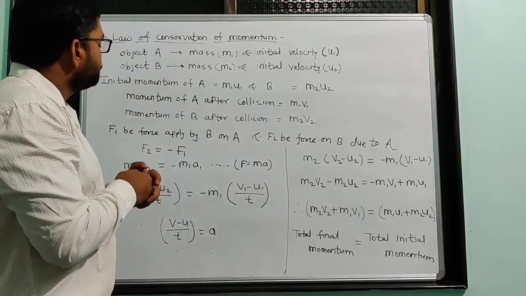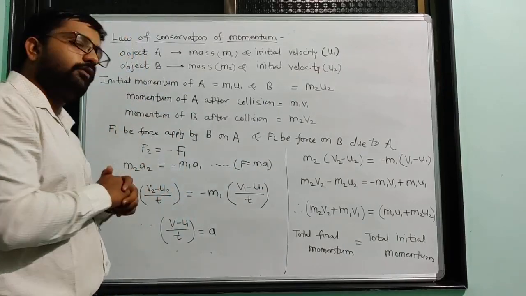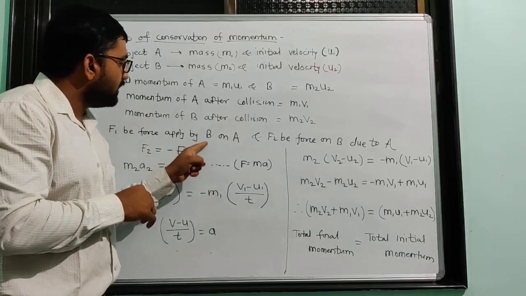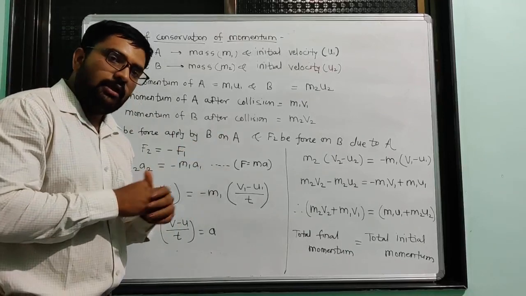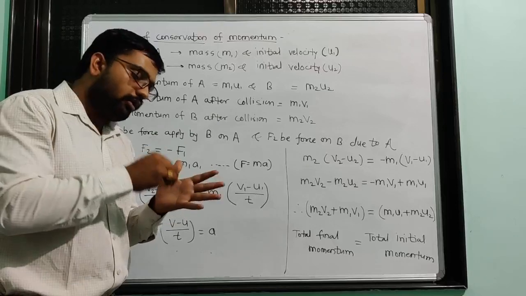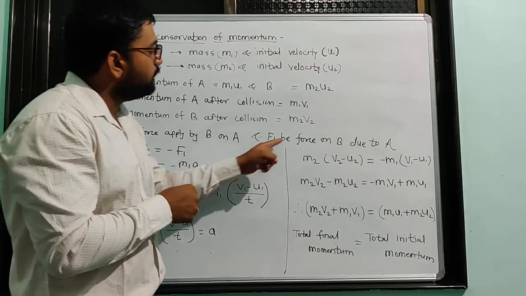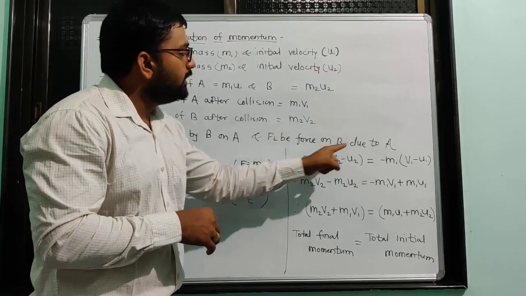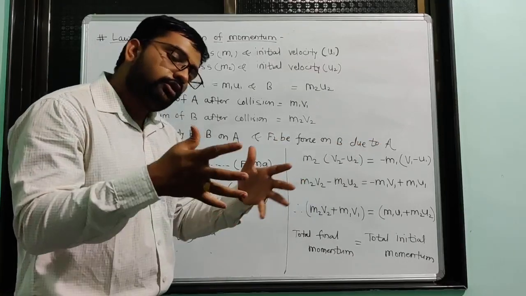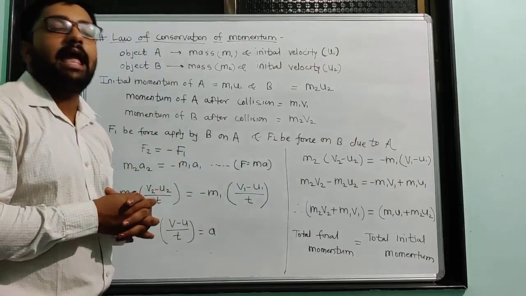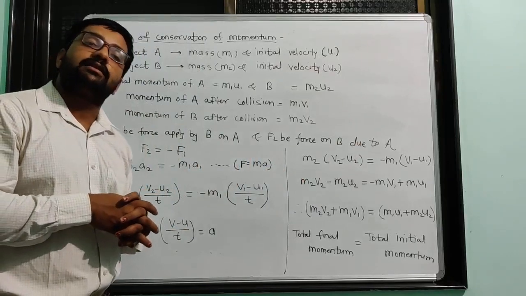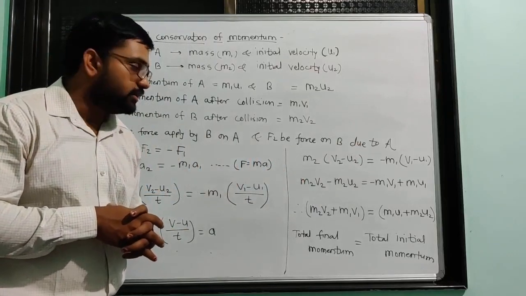Okay, so we know F1 is the force applied by B on A, whatever the force applied on A at the time of collision, and F2 is the force on B due to A. So both objects A and B apply force on each other at the time of collision.